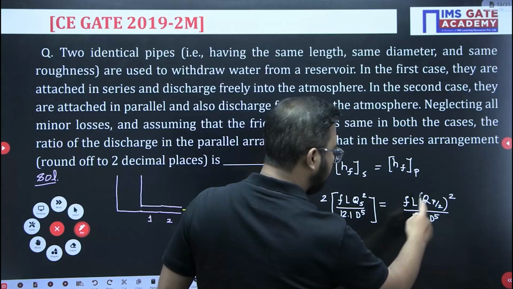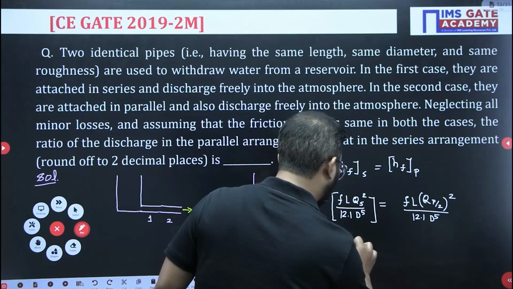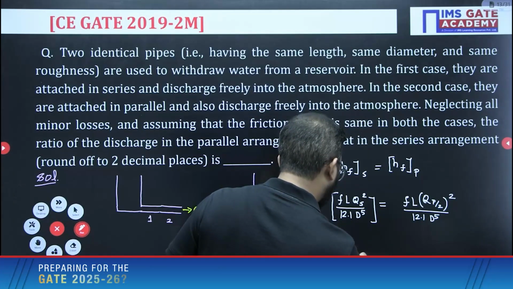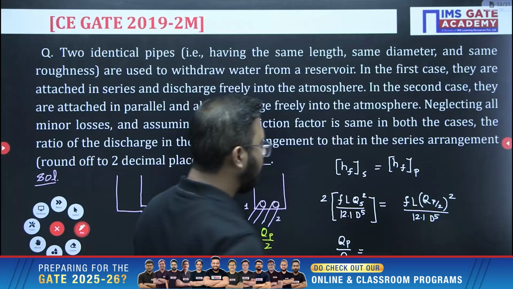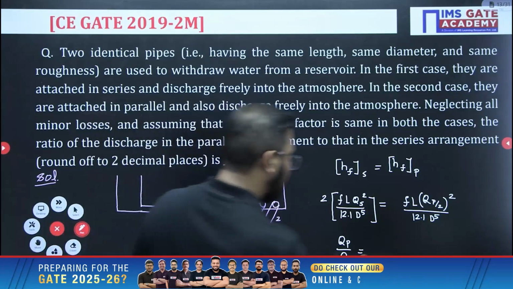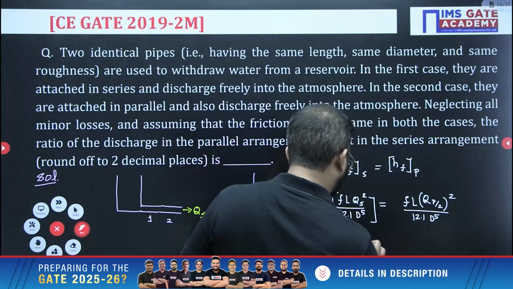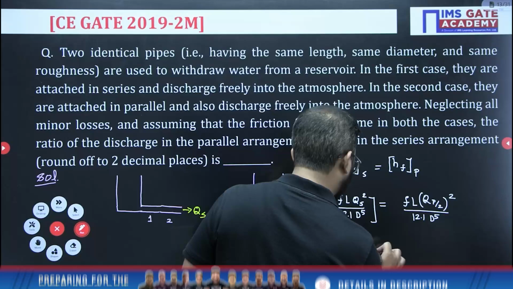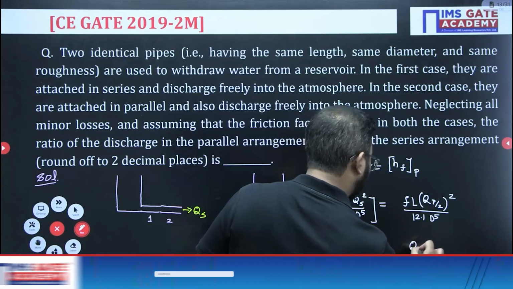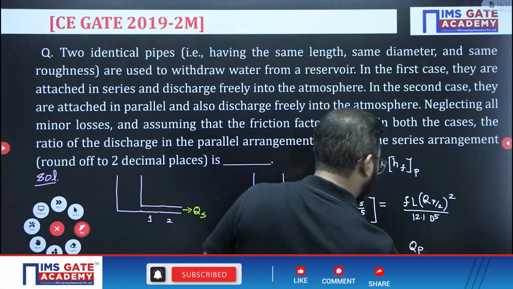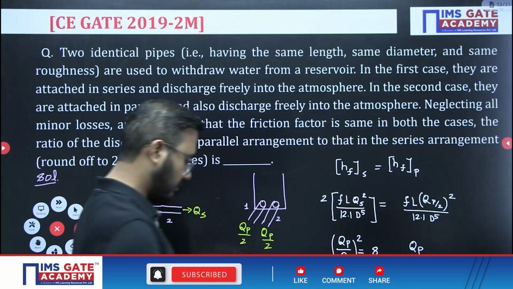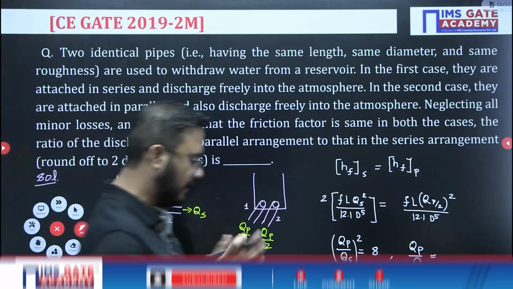Everything else is constant, we can remove the constant part. So 2 square will be 4, 4 into 2, 8. So (Qp by Qs) whole square is 8. So finally Qp by Qs, if I take under root 8, it will be coming 2.8.